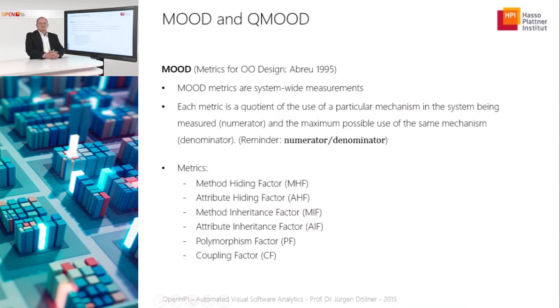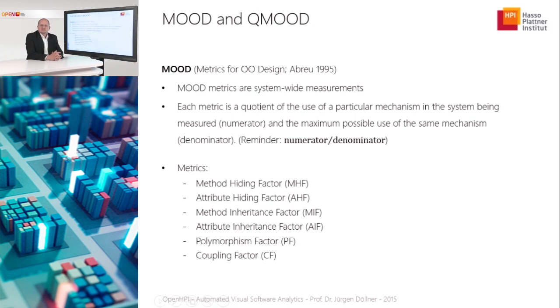Let's go on to the second object-oriented metric set I would like to present. It's MOOD and QMOOD. It's the abbreviation for metrics for object-oriented design. Typically it's used on a system level, so it's used for the system-wide measurement.